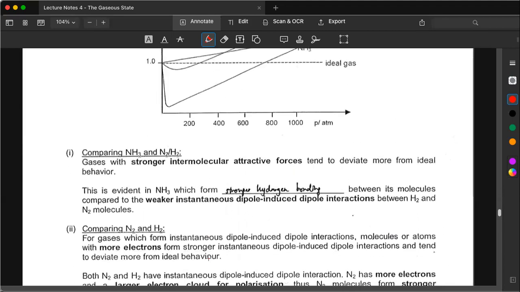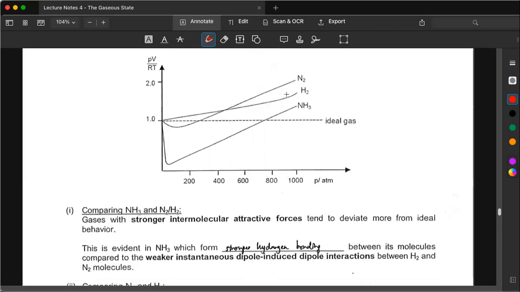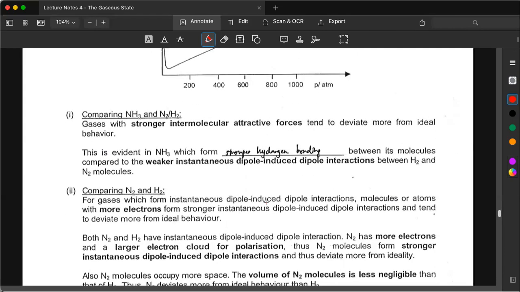And if we compare nitrogen with hydrogen, for gases which form instantaneous dipole-induced dipole interactions, molecules or atoms with more electrons will form stronger ID-ID interactions and tend to deviate from ideal behavior.